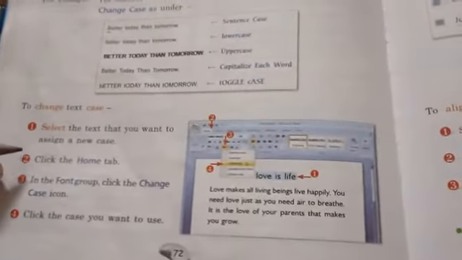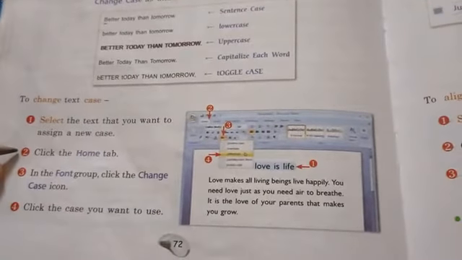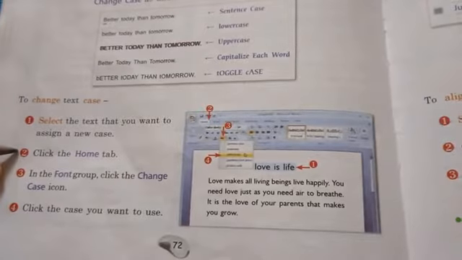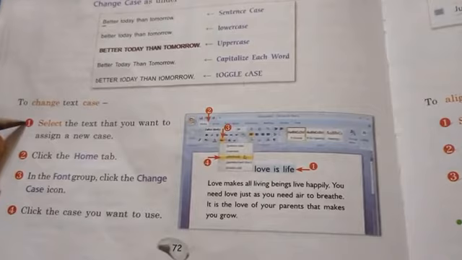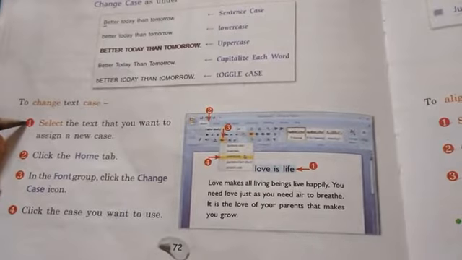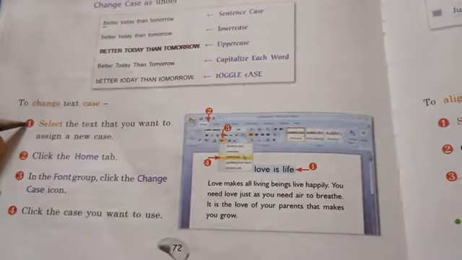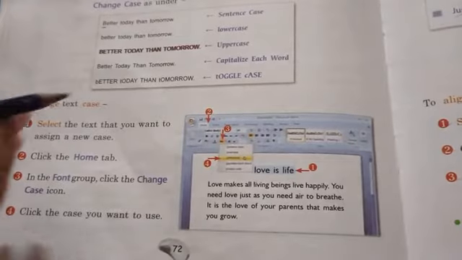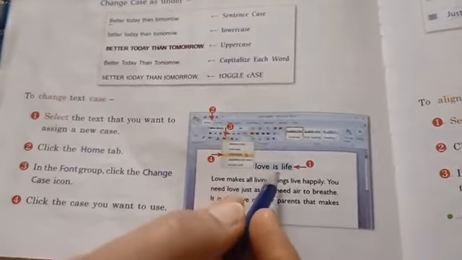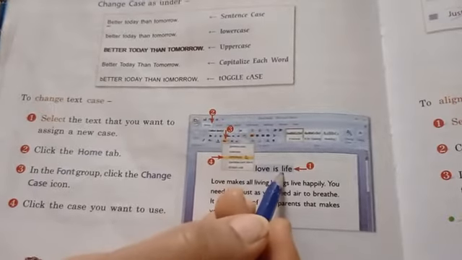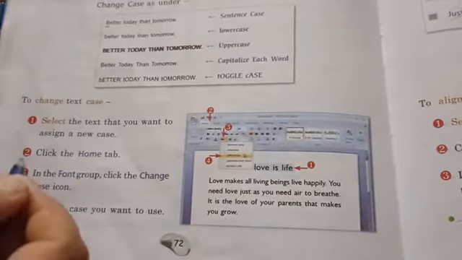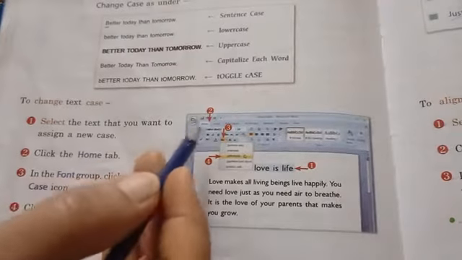Now we will learn how we can do this. First step, select the text that you want to assign a new case. Suppose you want to select love is life. Then you have to select it. Second step, click on the Home tab.